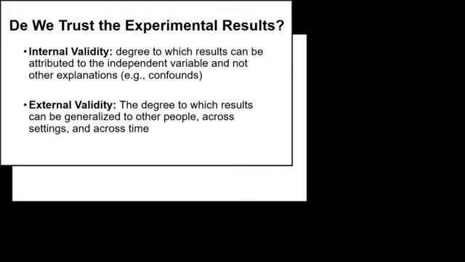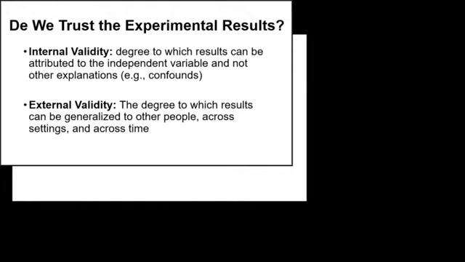Internal validity is defined as the degree to which results can be attributed to the independent variable and not other explanations, which is a really fancy way of saying how certain are we that the results we saw were because of the experimental manipulations that we did, and not some variable that we didn't control for.